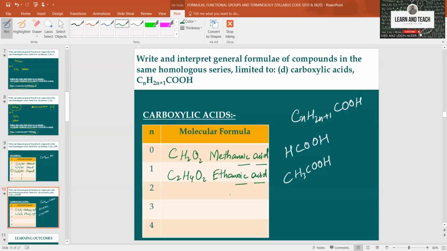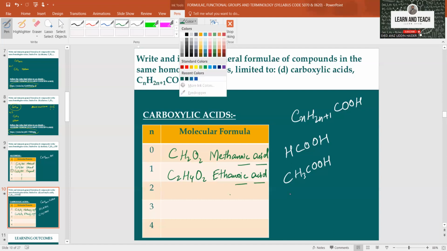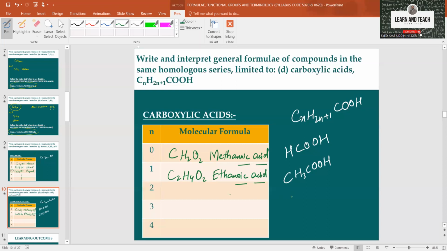What about the third member? If you take n as 2, you have C2, 2 multiplied by 2 is 4, 4 plus 1 is 5, C2H5COOH.